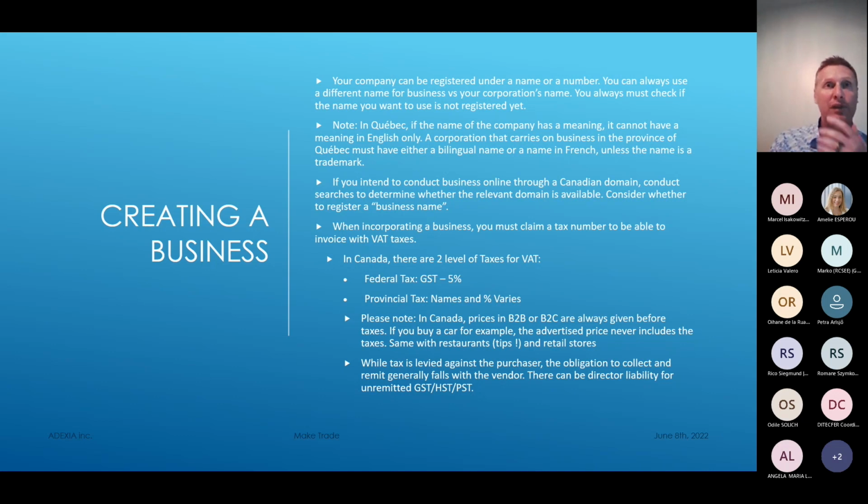So meaning that if you have something that costs 100, the tax in Quebec is not 7, it's 100 plus the 5% of the federal tax, times 7%. So they're taxing the tax, which is kind of weird, but that's what they do. And in the other provinces, if it's 5%, it's 5% of the 100, not 5% of the 105.